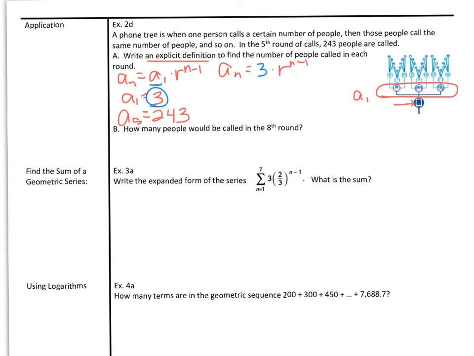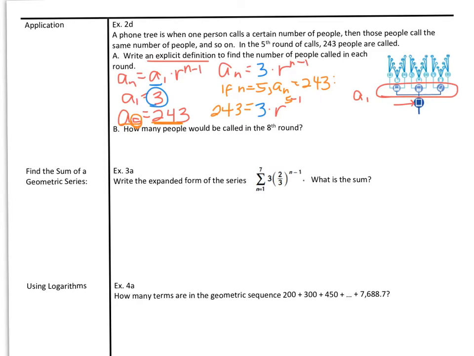To get r, we can then use a sub 5 and 243. If the fifth round means n equals 5, then we know we have 243 people. If I substitute those values in, now I have 243 equals a sub 1, which is 3, times r to the 5 minus 1 power.